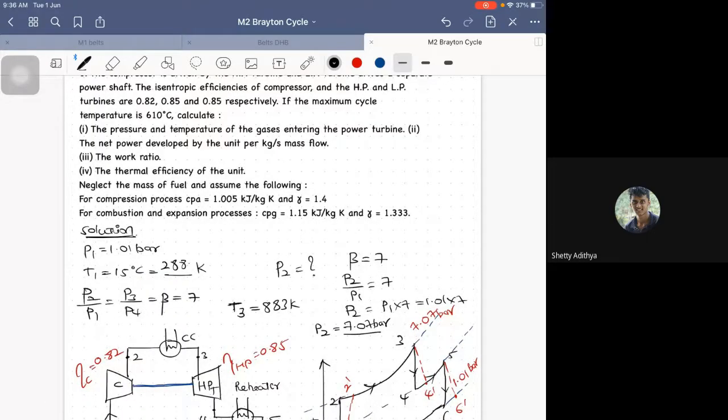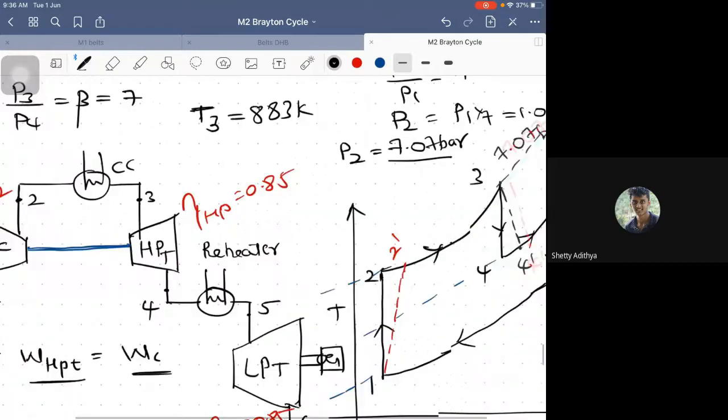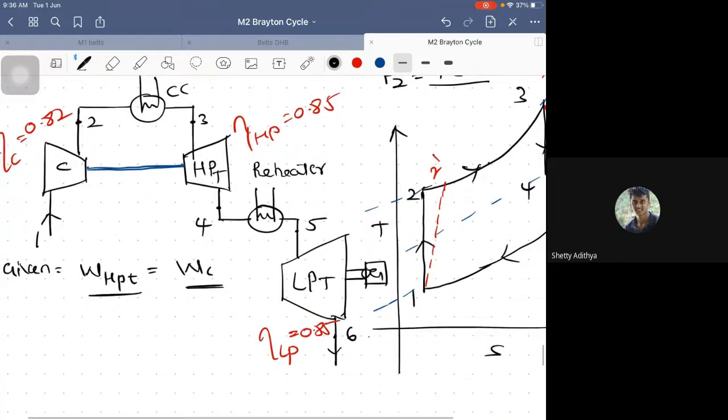Now, what we need to find? Pressure and temperature of the gas entering the power turbine. Power turbine in the sense, it is that particular turbine from which electricity is generated, whether it is HP turbine or LP turbine, in this particular problem.